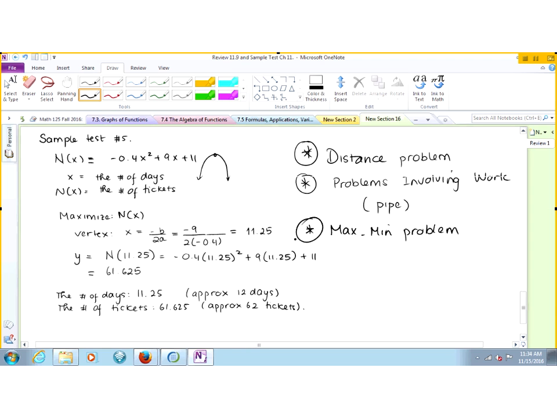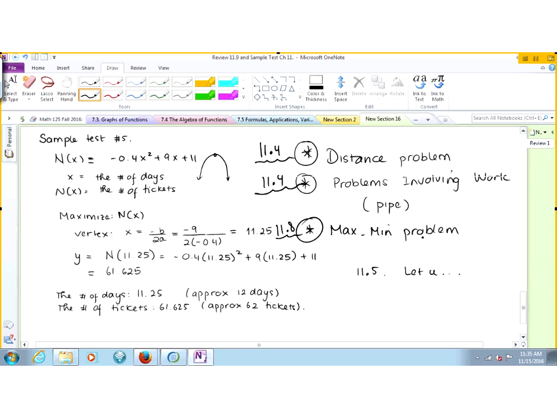The distance problem is from 11.4. Problems involving work are also from 11.4. The maximum-minimum problem is 11.8. And we also talked about let u equal something. That is from 11.5.